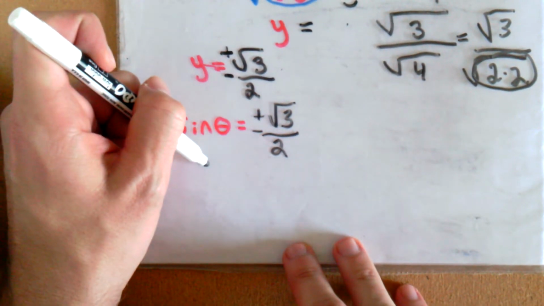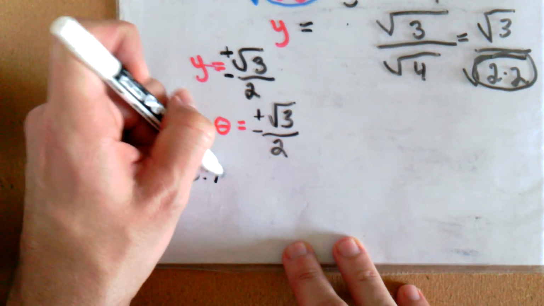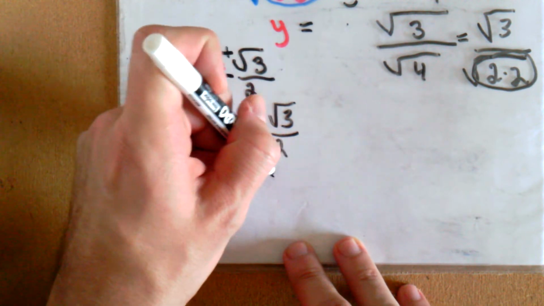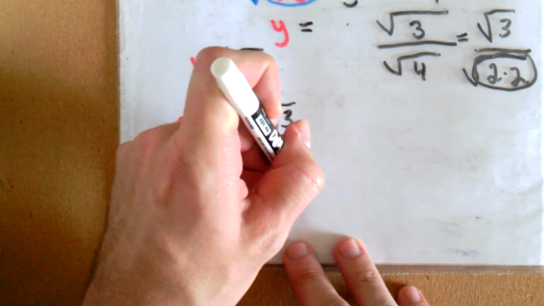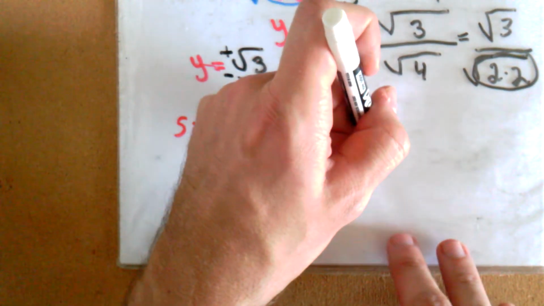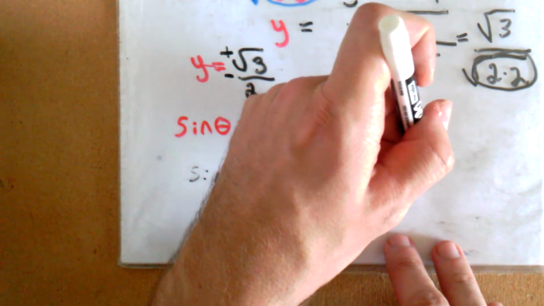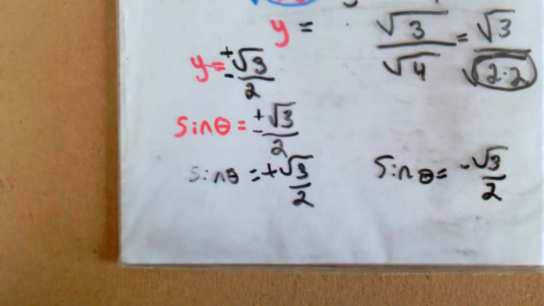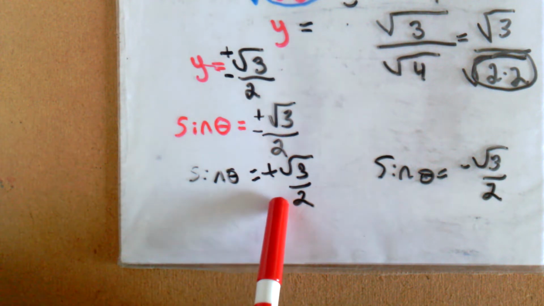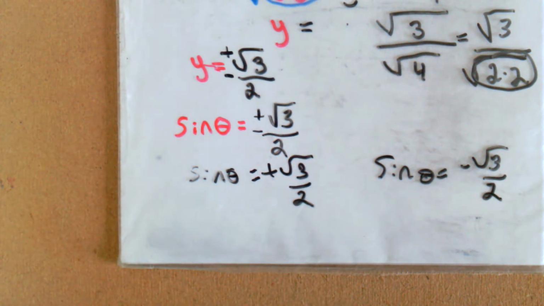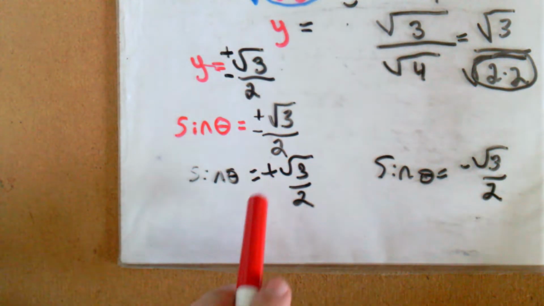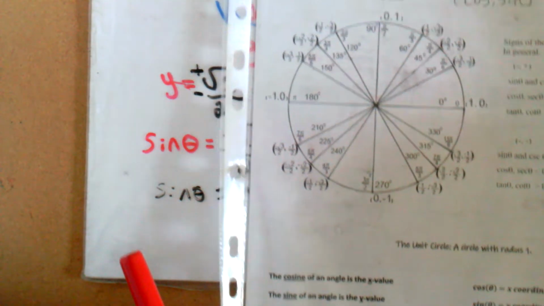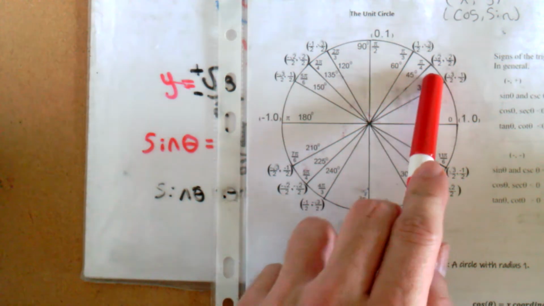We have a case where sine equals positive square root of 3 over 2, and where sine is negative square root of 3 over 2. So let's look on the unit circle and figure out where sine is positive square root of 3 over 2. Remember that sine is positive above the x-axis in quadrants 1 and 2.